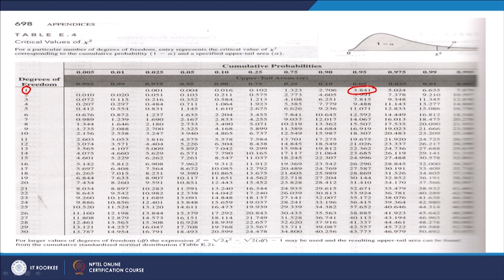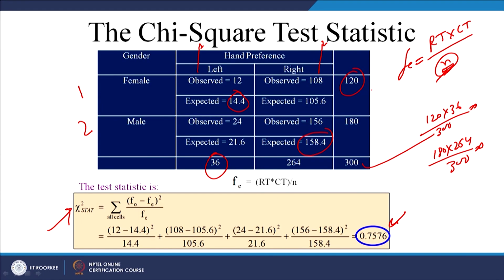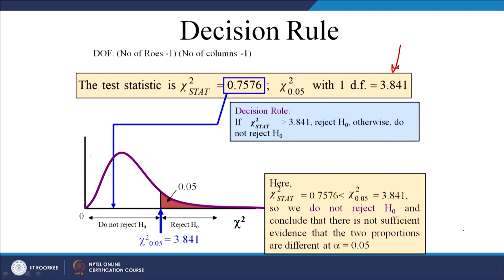So, this is the critical value 3.841 and the calculated value is 0.75, right. So, critical value is 3.841 and this is calculated value, which is in non-rejection region.